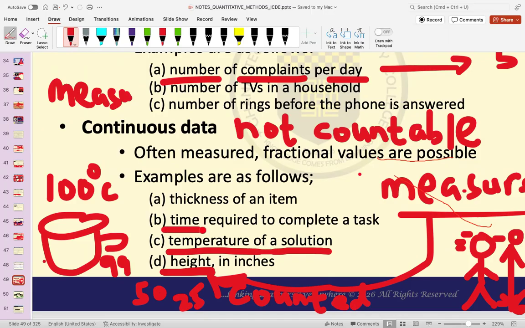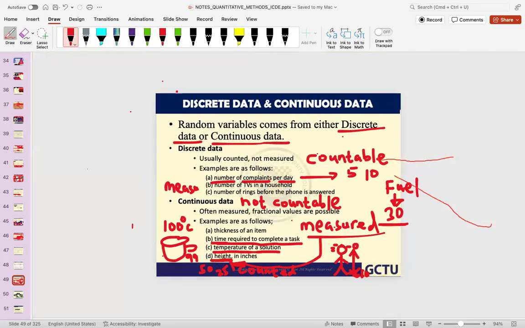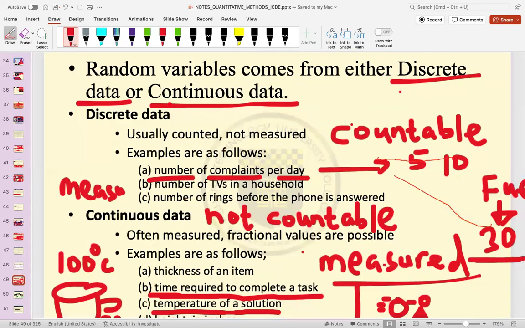What about time? Time required to complete a task. You cannot count time, even though you know the clock. You know where some conventional numbers find themselves, but you cannot count time. You can only measure it because of the movement of it. So these are the kinds of data we'll be dealing with.